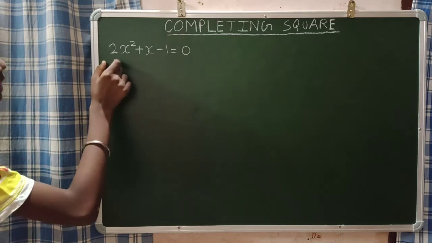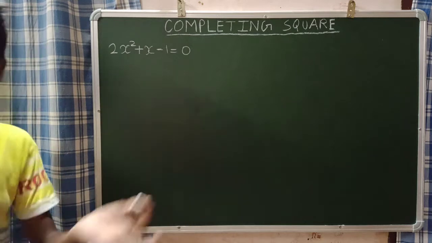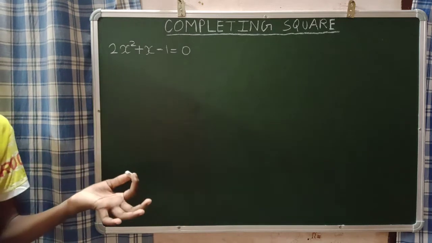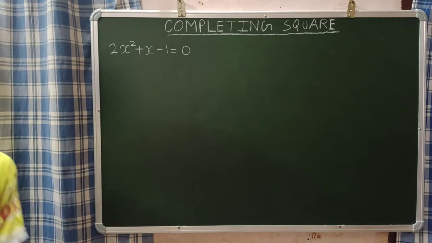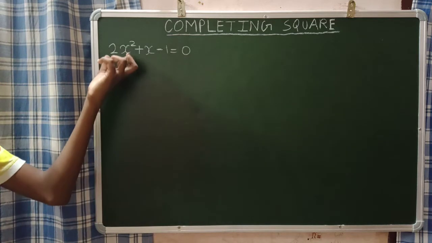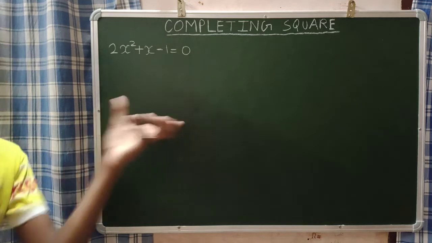Here the coefficient of x squared is 2, which is not 1. If it is 1, you don't need to worry about it. But if it is not 1, divide that coefficient on both sides of the equation. So I need to divide by 2 on both sides.